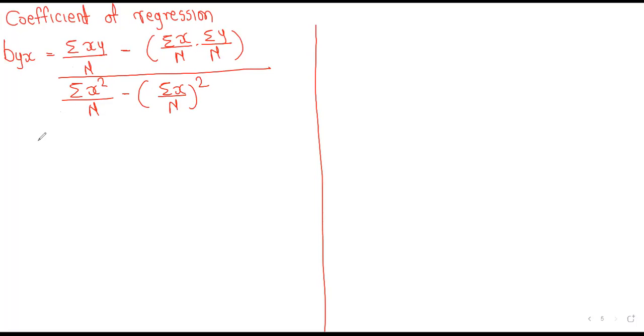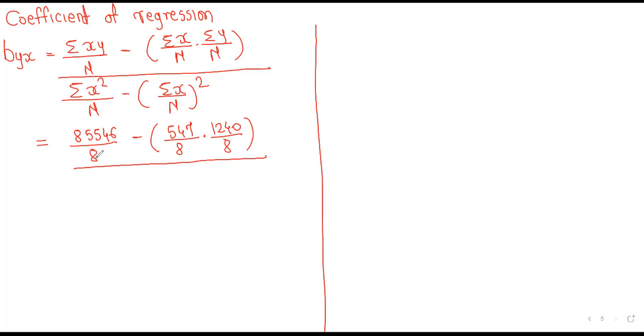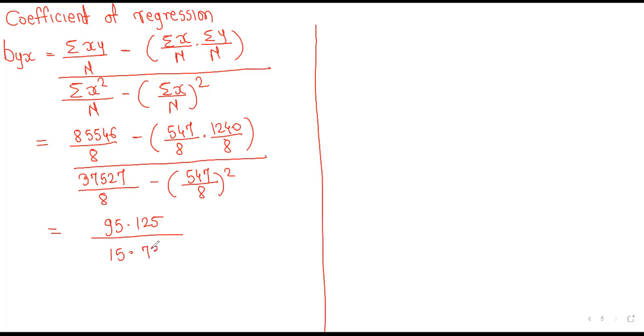Now we put all the values. So 85546 divided by 8 minus 547 divided by 8 into 1240 divided by 8, divided by summation of x square, which is 37527, divided by 8 minus 547 divided by 8 bracket square, which is equal to 95.125 divided by 15.7344.